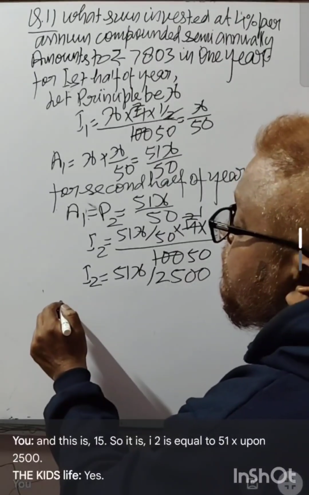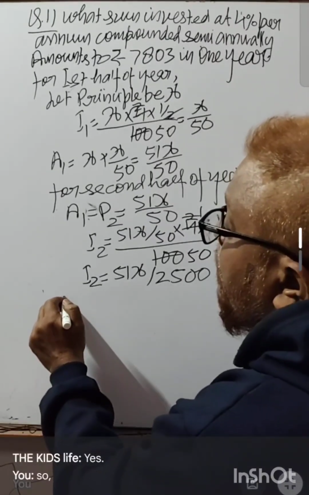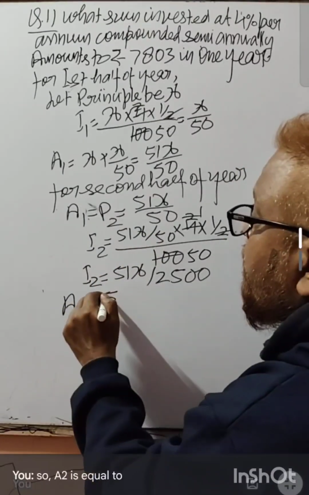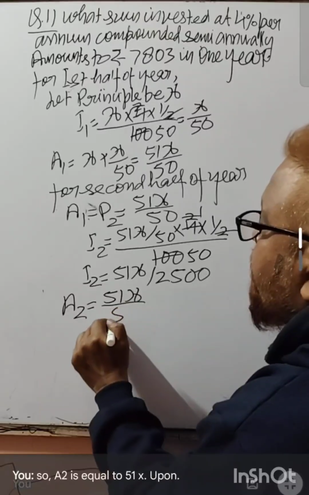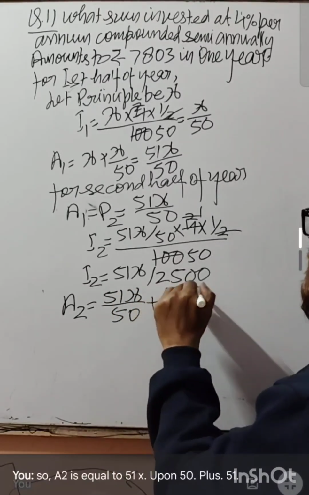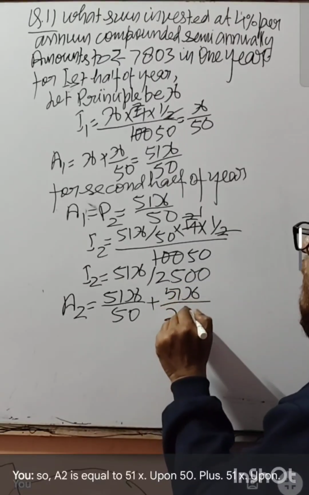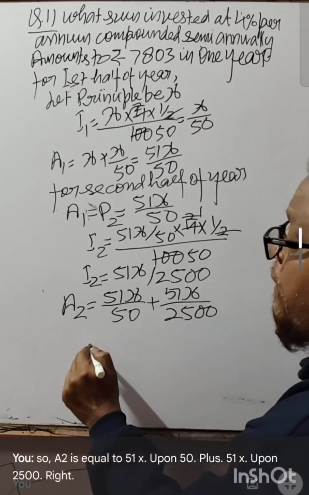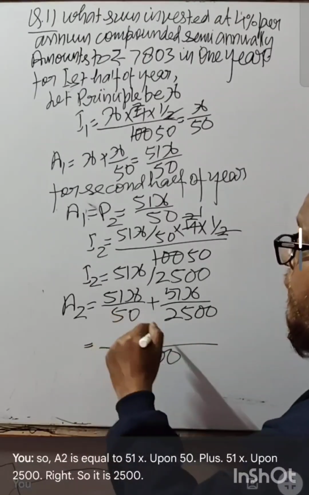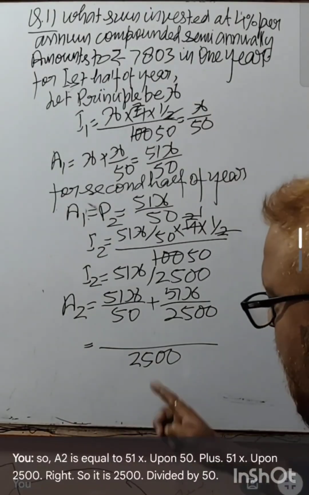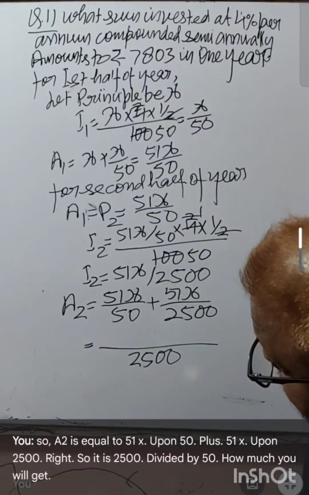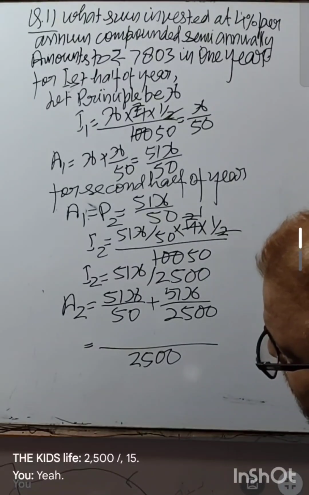Yes, sir. So A2 is equal to 51X upon 50 plus 51X upon 2500. Right? 2500 divided by 50, how much will you get?